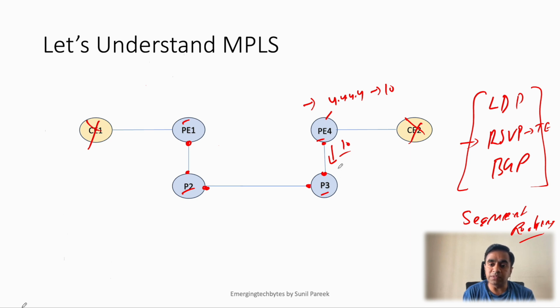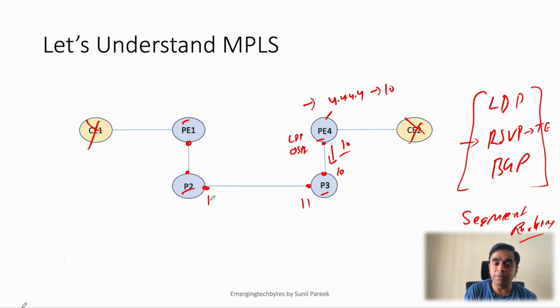That 10 will be received, let's say, on this interface. Now P3, because we are running LDP, let's say, along with OSPF, will learn this route via OSPF, and the LDP protocol, because you are running LDP here also, will allocate, let's say, another label which is 11, for example.